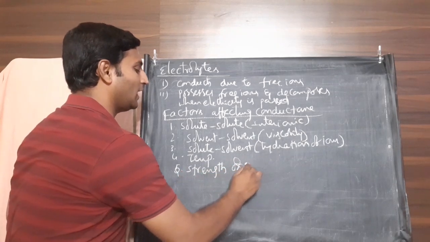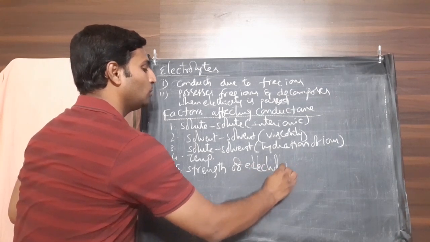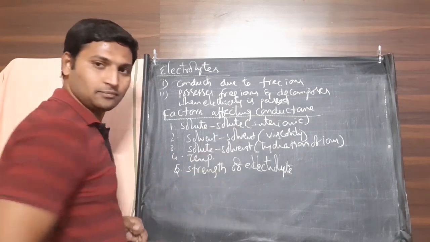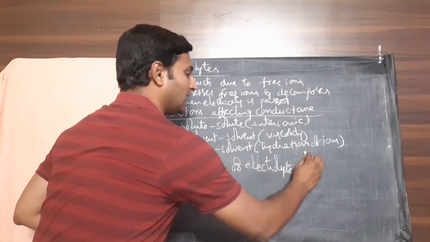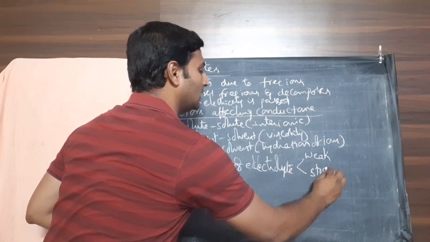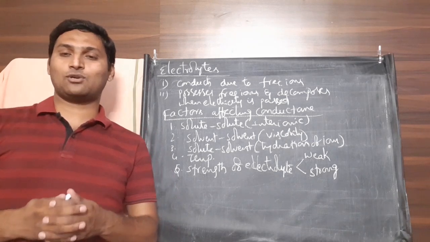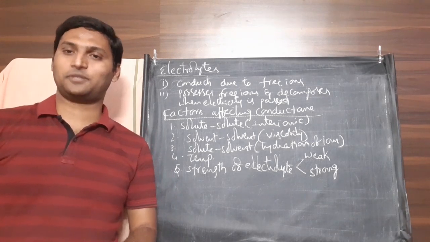Strength of electrolyte. You have already studied that there are 2 kinds of electrolytes, weak electrolytes and strong electrolytes. What do you mean by a weak electrolyte? What do you mean by a strong electrolyte?